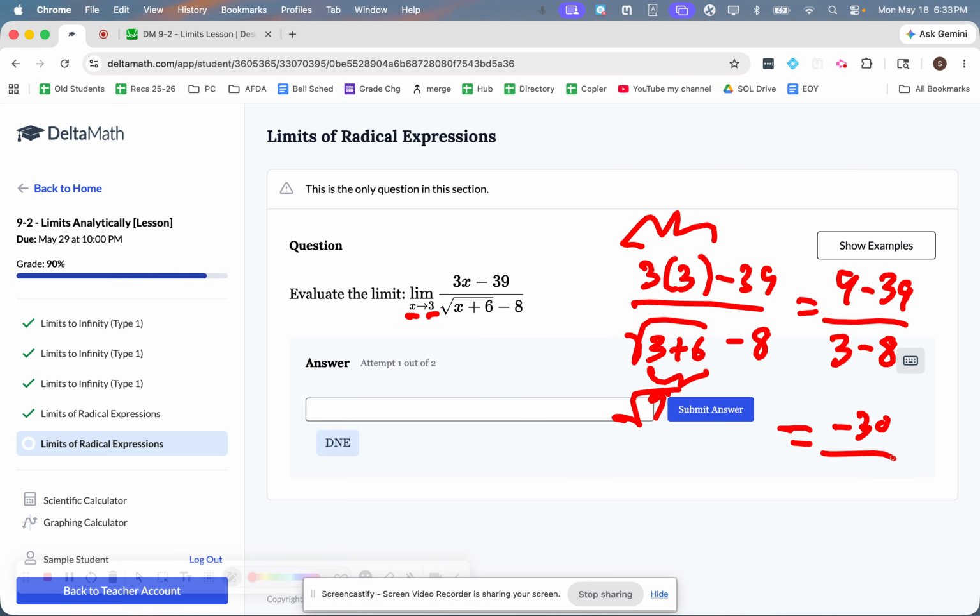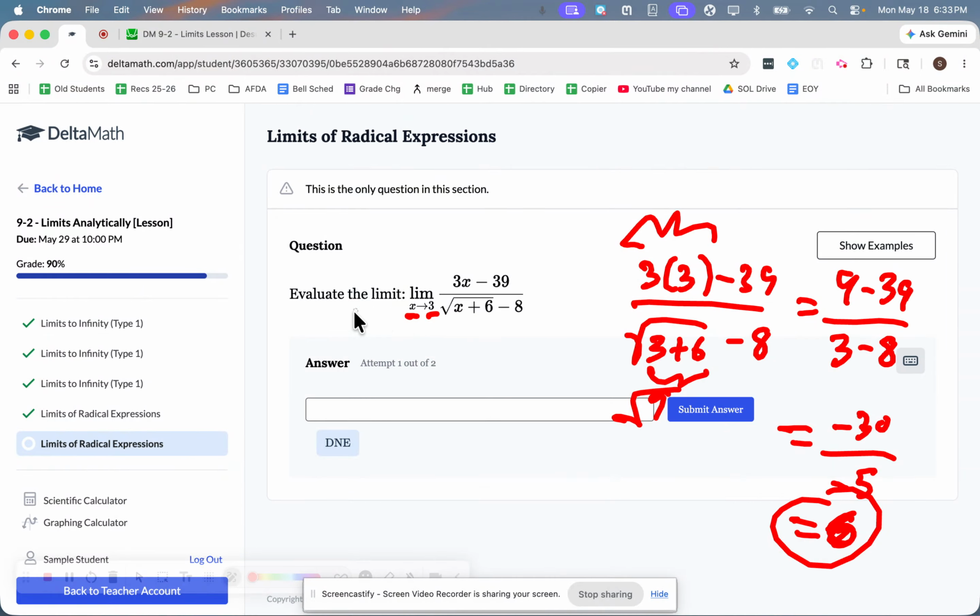Okay, 3 minus 8 is negative 5. That's just 6. We lucked out. The limit as x goes to 3 is 6, because when you arrive at 3, you're at 6.